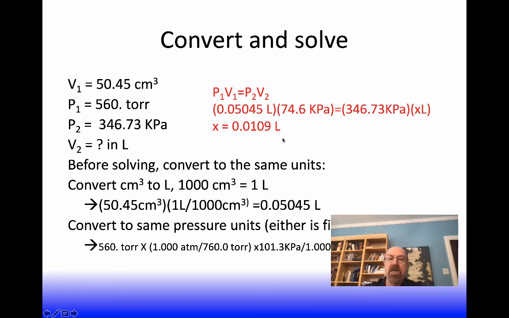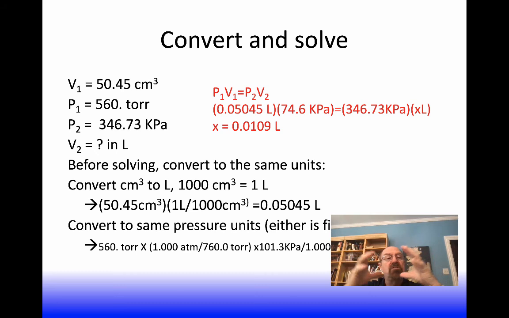0.0109 liters. Now, I also want you to think about this from a standpoint of common sense, okay? Once we know what the pressures are, we see that the initial pressure is a lot smaller than the final pressure. So our volume had better get smaller. If our volume doesn't get smaller, there's no logic to this, because when the pressure goes up, more force is pushing on the outside of the balloon.